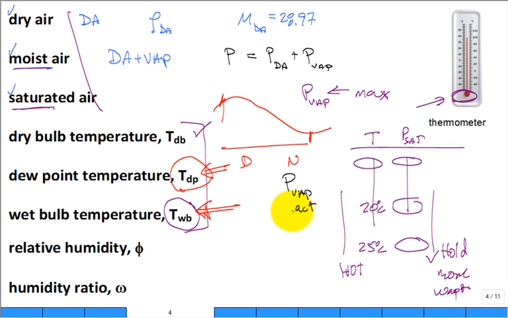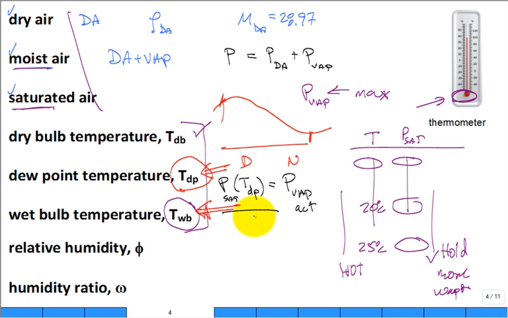I don't have to actually cool it to that temperature to see it start to dew. I can infer that if I conceptually cooled it, it would dew at that temperature. So mathematically, it's maybe a little tricky, but you say, if I lowered the temperature to the dew point temperature, the saturation pressure would be exactly the actual vapor pressure.